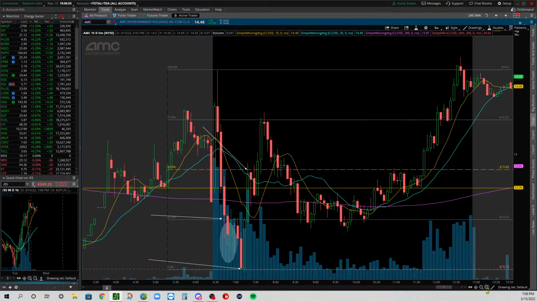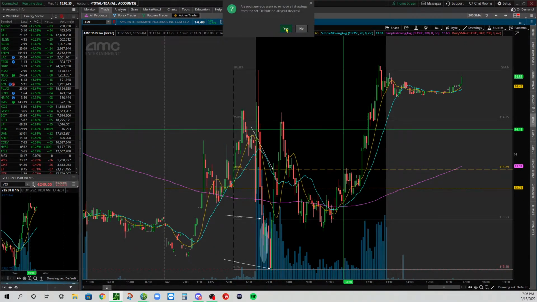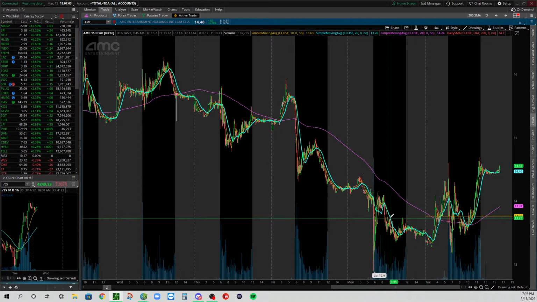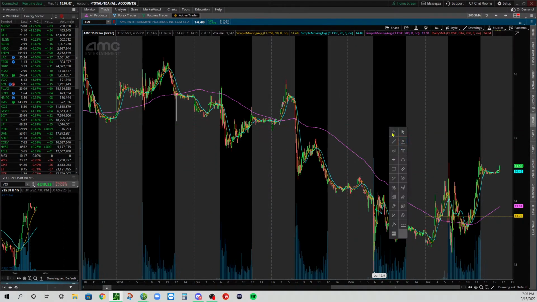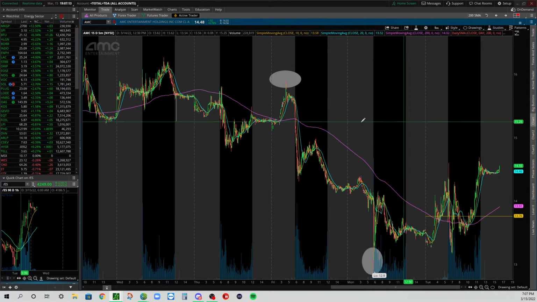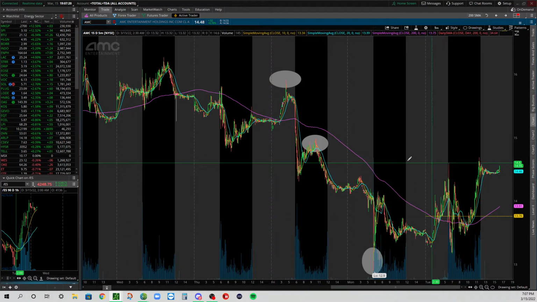Yeah. So what you want to do really is let's clean this up. What I typically do is I look at left, right? I try to find an actual range within here. Let's say this area right here is what I can identify as a range, because we're inside this range. Or you can use this area right here and this low right here, because we're still within the range.